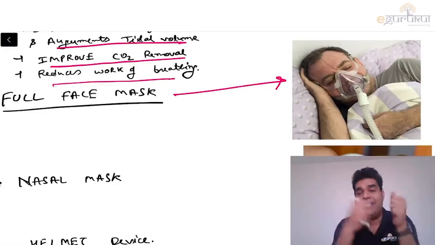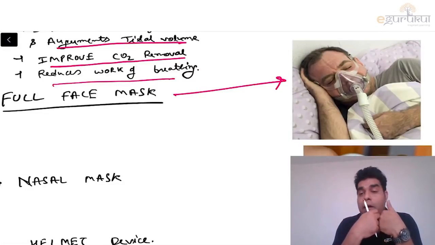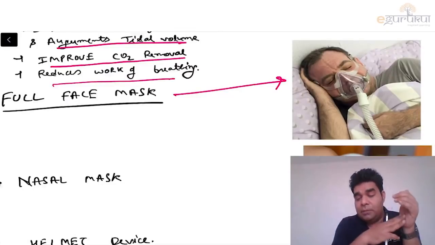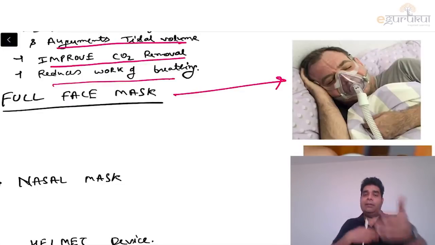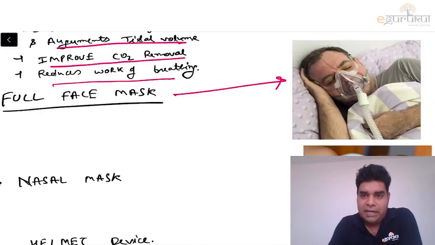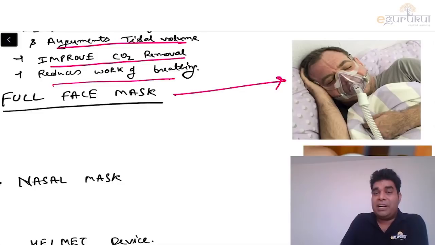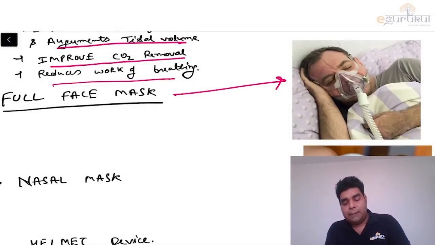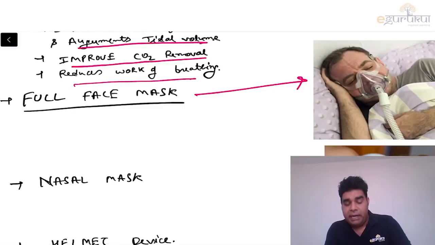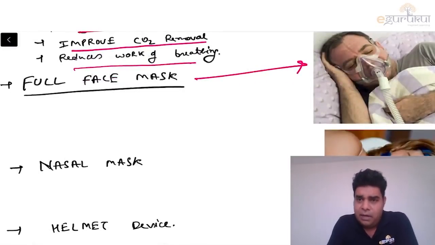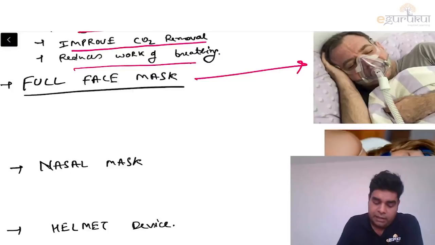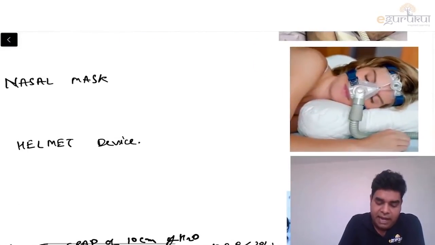Suppose the patient is agitated and is not ready to follow your instruction, or the patient is unconscious, he cannot maintain the secretions and he cannot maintain the breathing rate, then of course these full face masks will not be useful. Then the other type of mask which we have is the nasal mask.